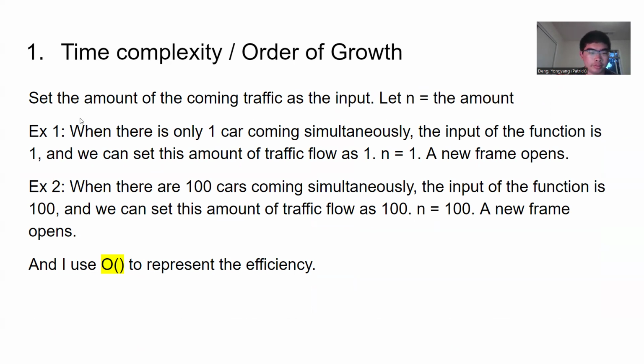The first thing, taking an example, is when I only have one car oncoming, so the input will be one, and when I call the function it opens a new frame. Then in example two, I may have 100. This is like comparing a smaller input and a bigger input.